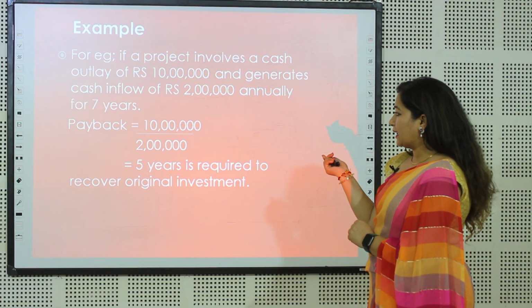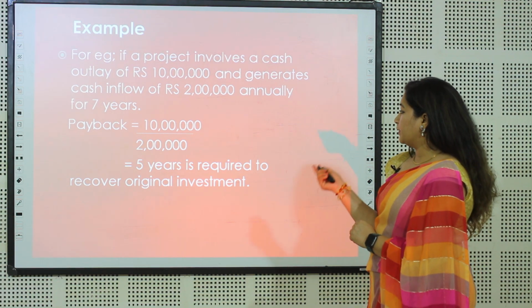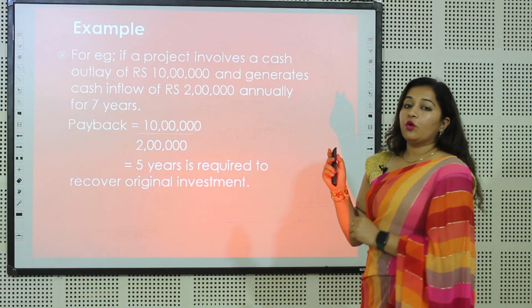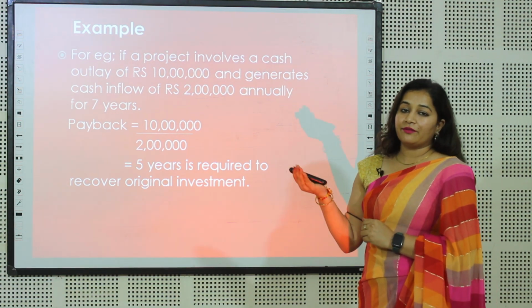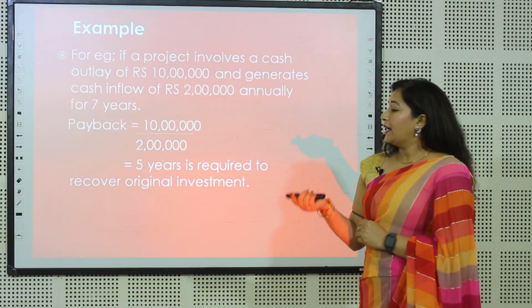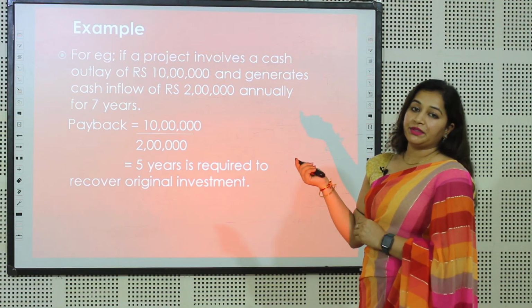Cost of the project is 10 lakh and annual cash inflow is 2 lakh. So the payback period will be 5 years. It means 5 years is required to recover the original investment which is invested in the project, that is 10 lakh. 10 lakh is invested for the project and we will recover the 10 lakh in 5 years. This is known as payback period method.